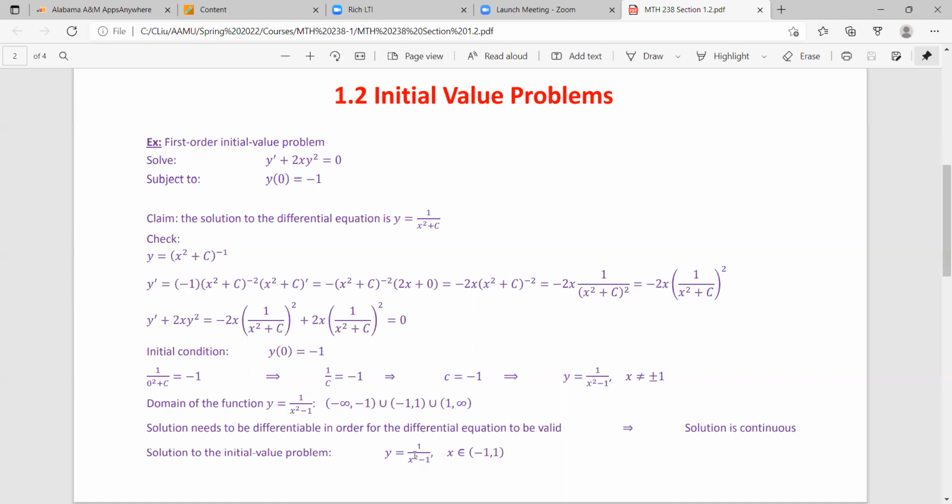So this is one thing people usually don't pay attention to, but it's important. Any questions? So we don't include the other parts of the domain because of the boundary points.